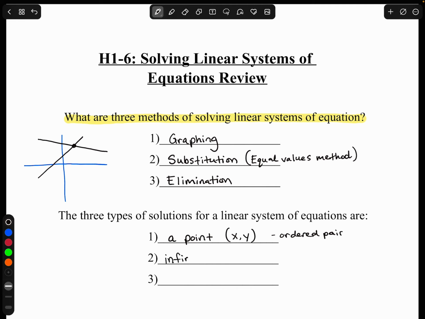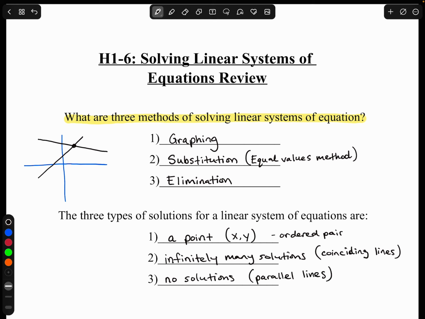They could also have infinitely many solutions, or an infinite number of points, and that is when we have coinciding lines. And then the other option would be no solutions, and that's when we have parallel lines.